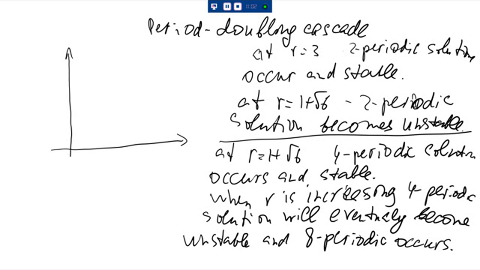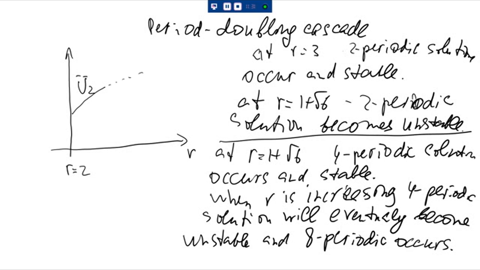So this can be illustrated on a bifurcation diagram like this. R. So assume, let's say, R equal to 2. So this is U2, which is stable.